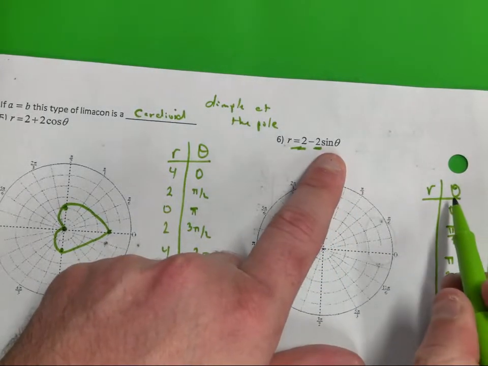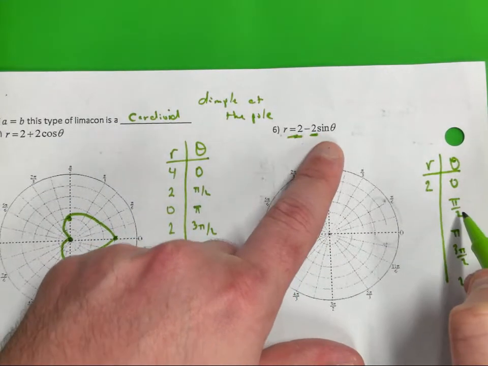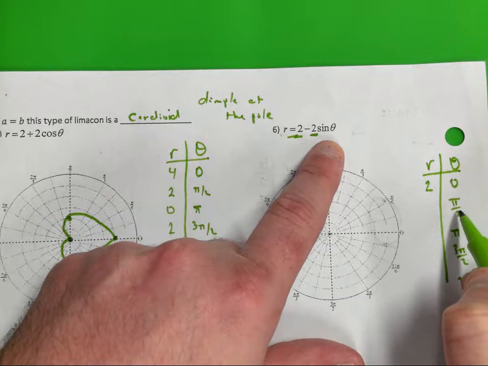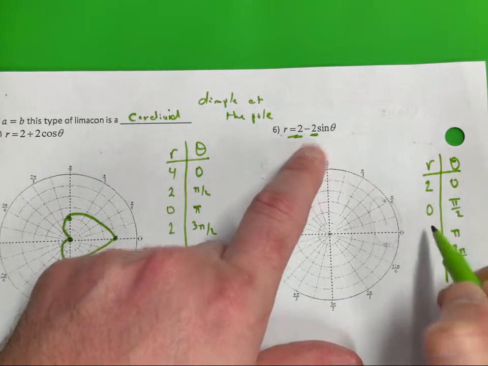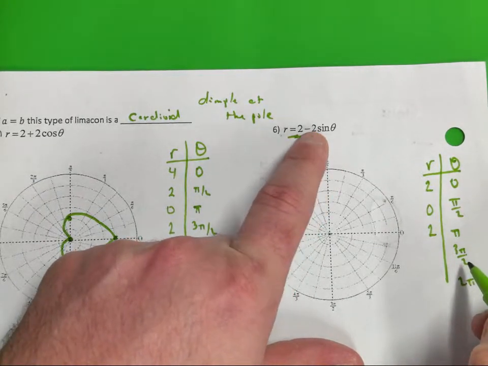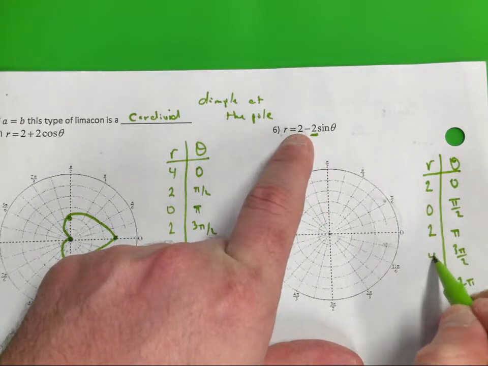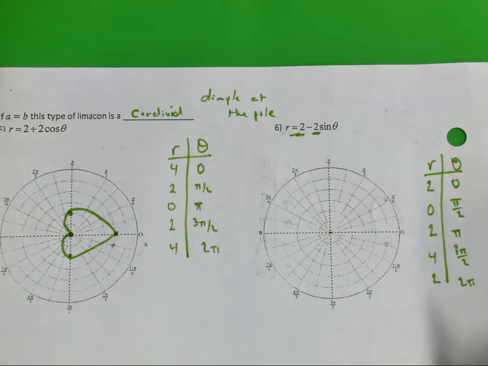If I plug 0 in here, sine of 0 is 0. That gives me 2. Sine of pi over 2 is 1. 1 times 2 is negative 2. That's going to give me 0. Sine of pi, that would give me 2. 3 pi over 2, that would be negative 1 times negative 2 is 2, plus 2 is 4. Sine of 2 pi is 0, it gives me 2.